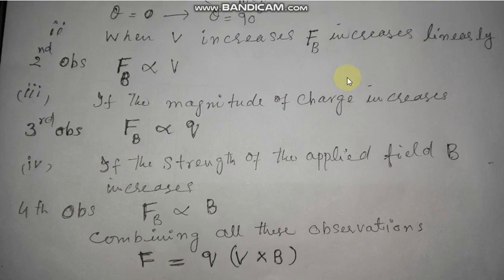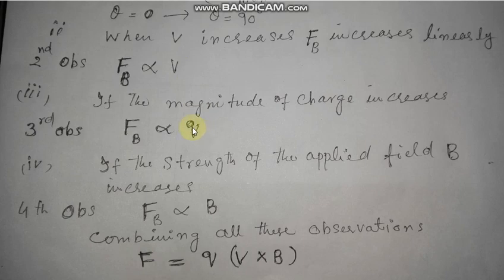The next observation is obtained when we change the magnitude of charge. That is, when we allow charges of different magnitudes to enter into a magnetic field having a fixed value of B with the same velocity and at the same angle.